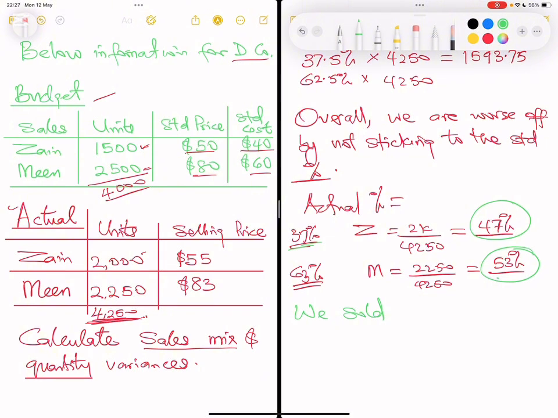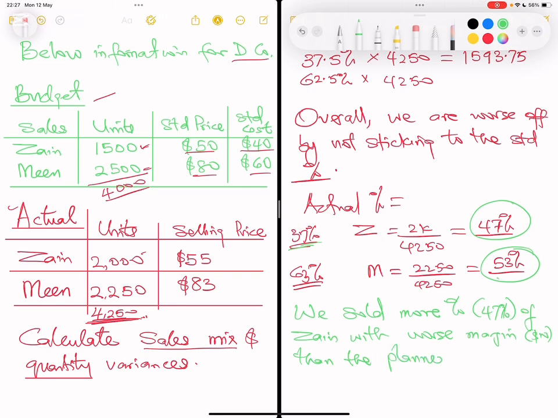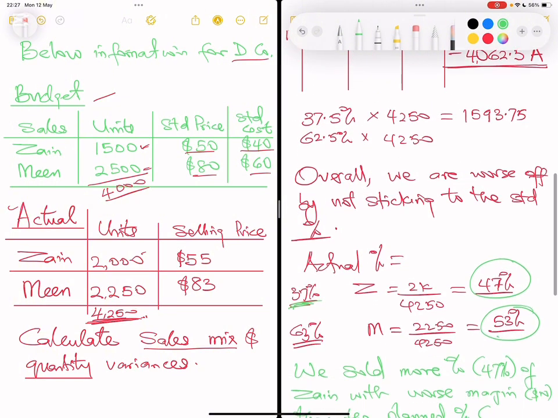So in summary, what we're saying is we sold a higher percentage, which is 47%, of Zen with a worse margin, just $10, than the planned percentage. The planned percentage was 37%.